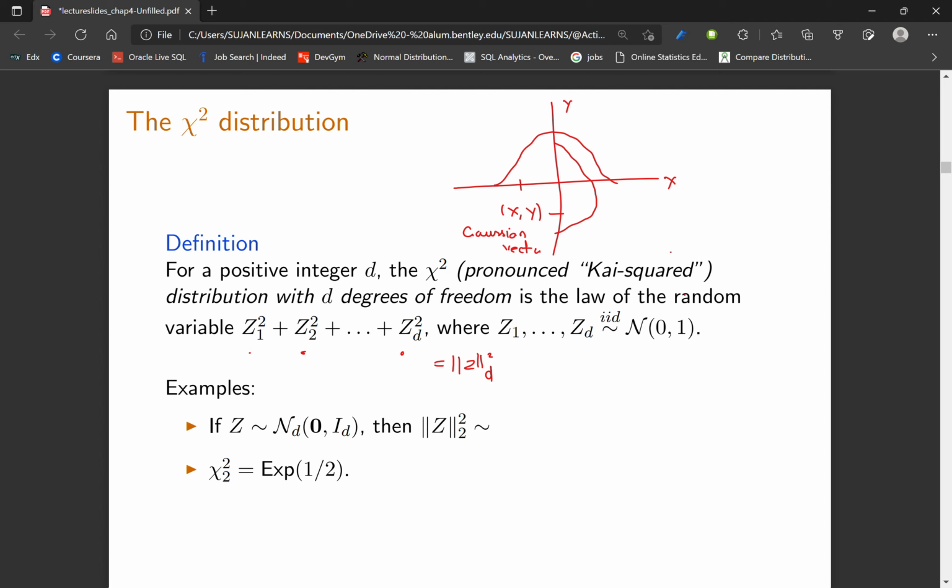What we do now is we take the L2 norm of this Gaussian vector, which will give us a variable x square plus y square is equal to z square.